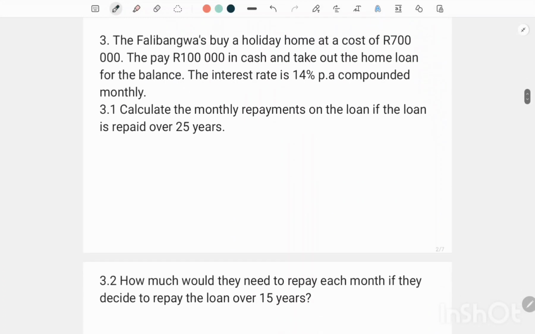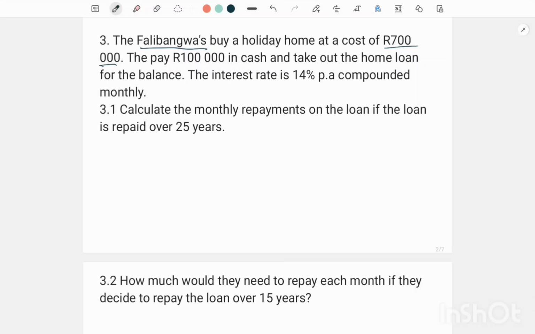All right, Mr. Falibangwa. Okay, I made a mistake. Mr. Falibangwa buys a holiday home at a cost of 700,000. Interesting.